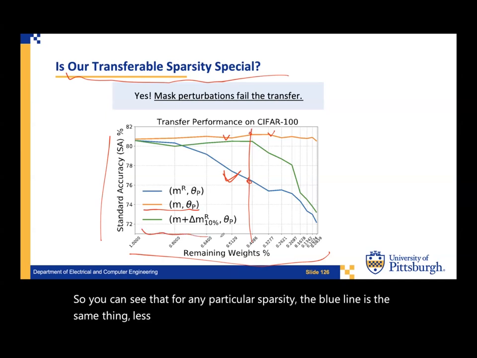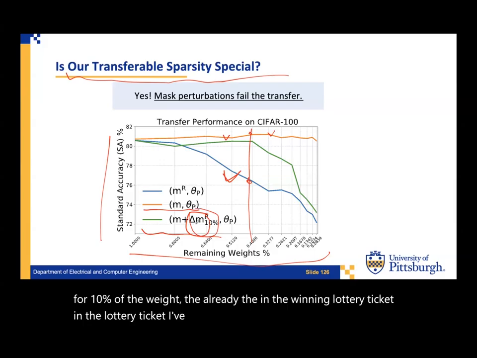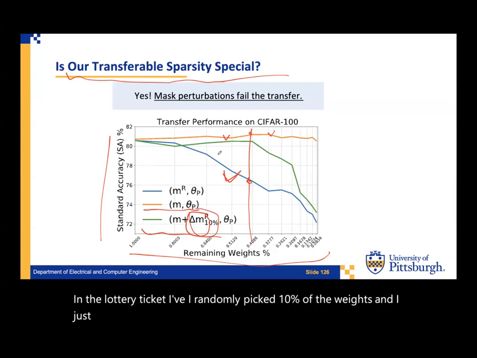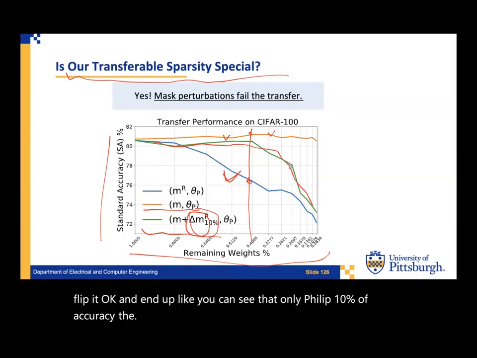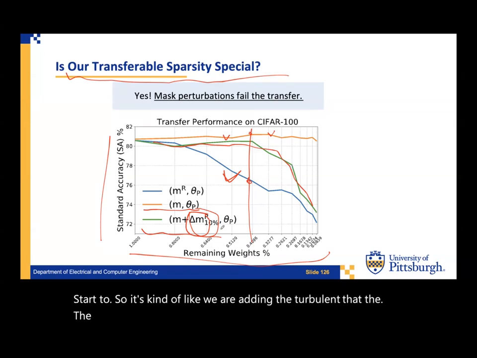They did one more experiment: in the winning lottery ticket, I randomly pick 10% of the weights and flip them. It's like we are adding turbulence to the weights, only 10%, and you can see the accuracy start to drop. So this lottery ticket is unique.